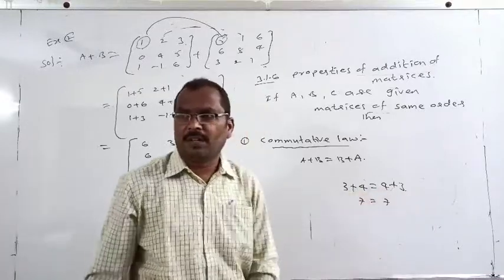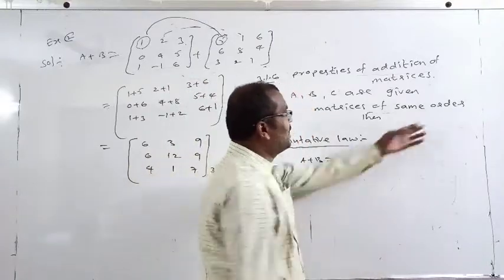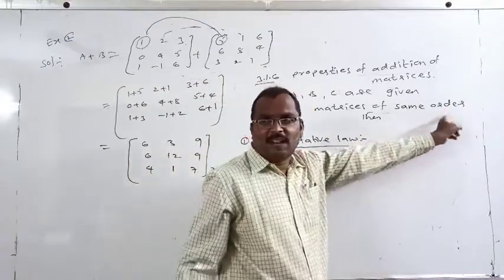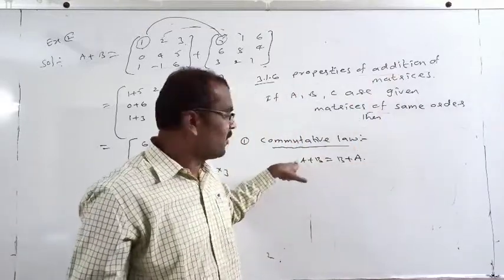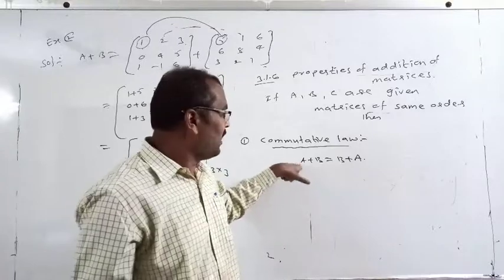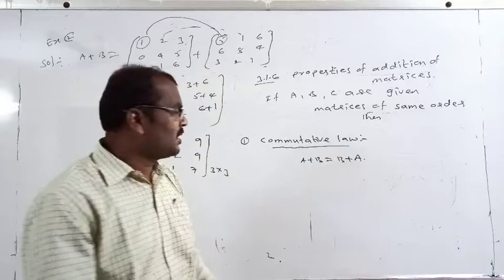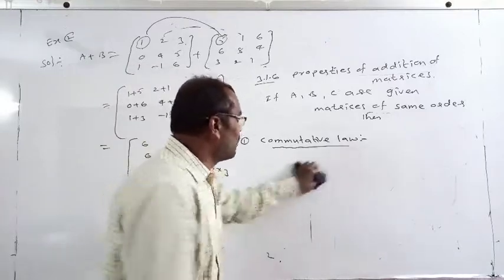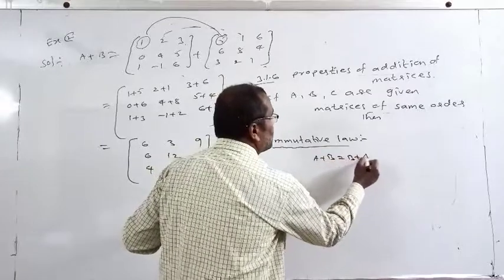So order is not important. Don't say order here, this is the order of the matrix. Here the first position is A, the second position B; there the first position B, the second position A. Don't see the position of the matrix. So the law is: A plus B is equal to B plus A.